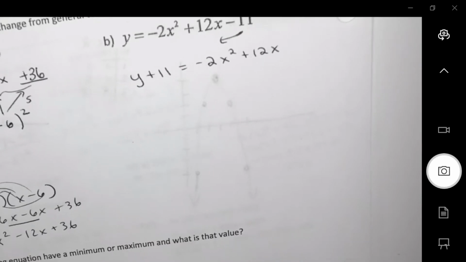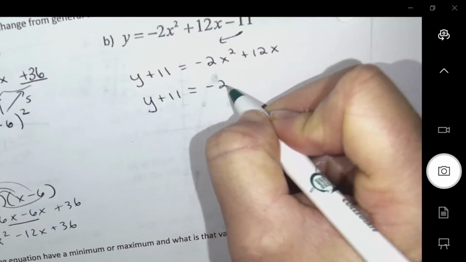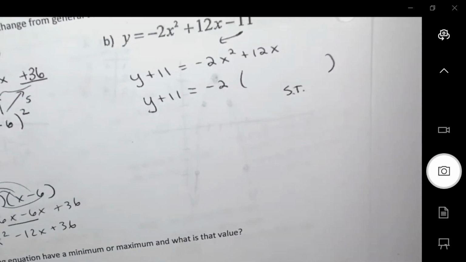Is this a simple trinomial? No. So I get a lot of mistakes here, and I get people who write me plus blank 36 right now. That's illegal. You can't do that. I want a simple trinomial inside here. I want a simple trinomial to work with.